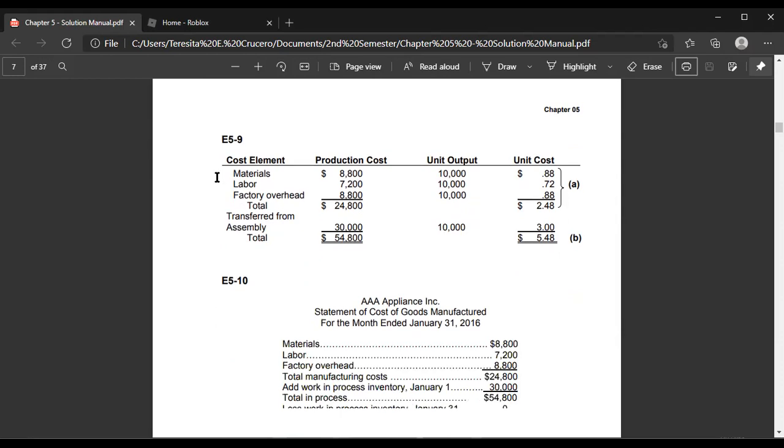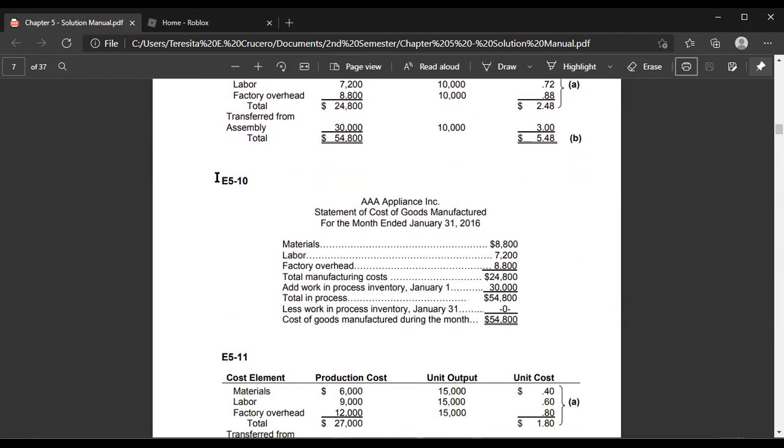Next, we have number 10. Required: using the data in E59, prepare a statement of cost of goods manufactured for the month ended January 31, 2016, assuming that no further work was done in assembly during January.